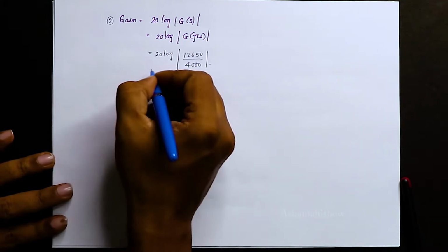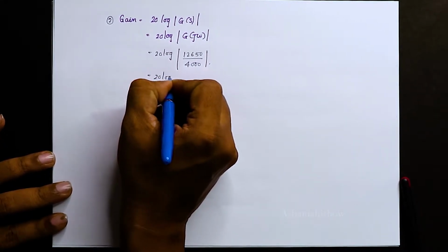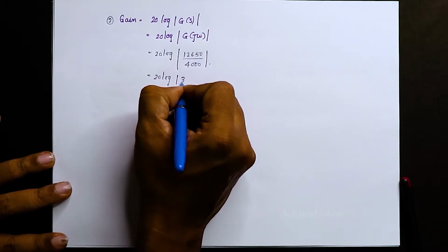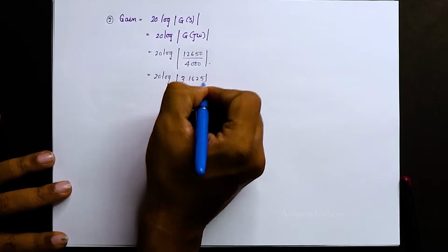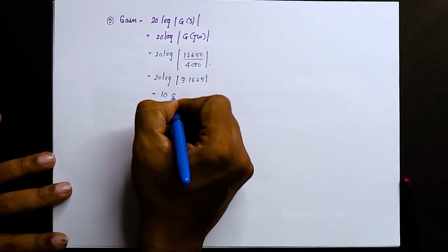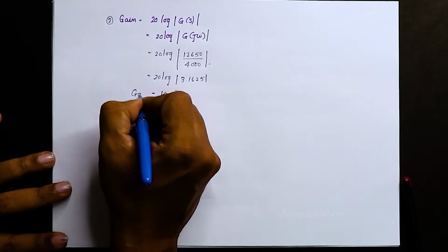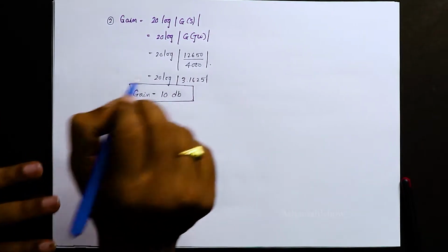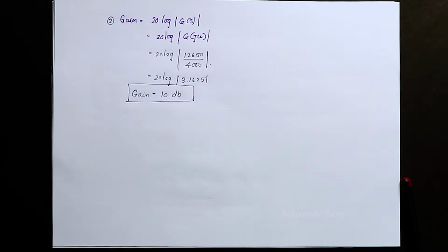If you simplify this, it is 20 log 3.1625, that is nothing but 10 dB. So the gain you got is 10 dB. This is the second part of what you need to do.